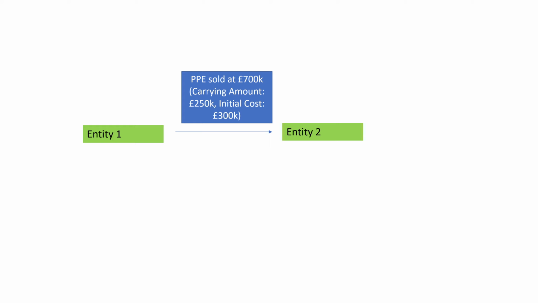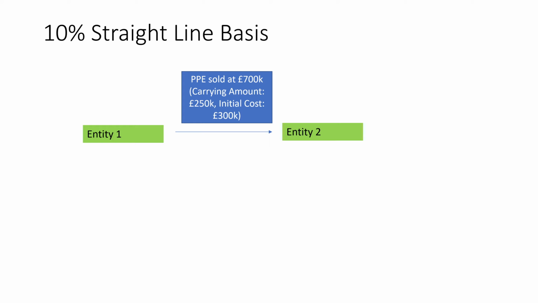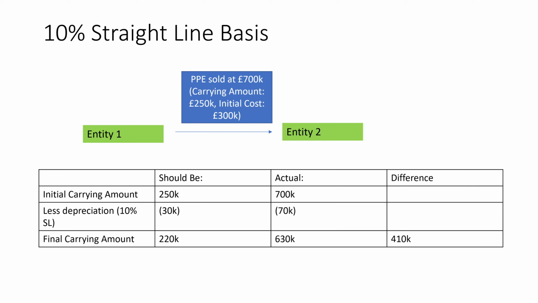Now, how can we calculate this in an exam question? What's the easiest way of doing it? Okay, so we should have our initial carrying amounts. So we have our should be and our actual column. So our initial carrying amount is 250. If the sale hadn't happened, we would have incurred depreciation of 30k, and this would have given 220k.